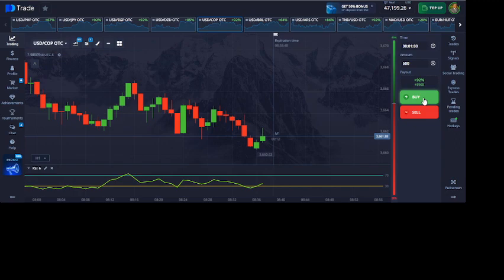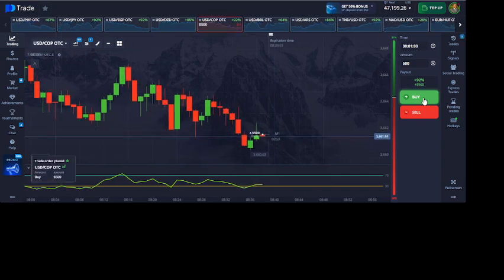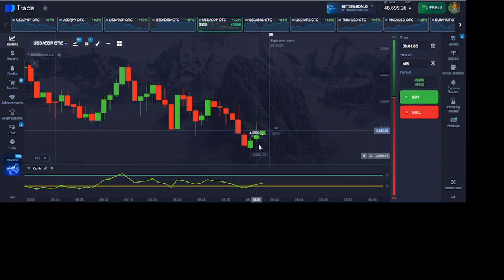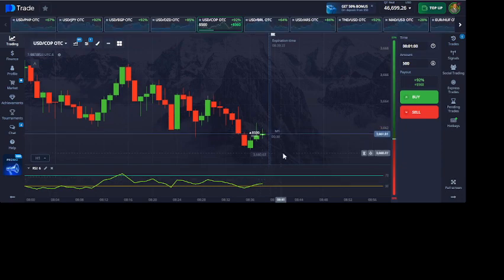All right, so I just took a buy trade there. I was waiting for this green candle to close to make sure that it closed above the 30 line, right? So then I took the buy trade.